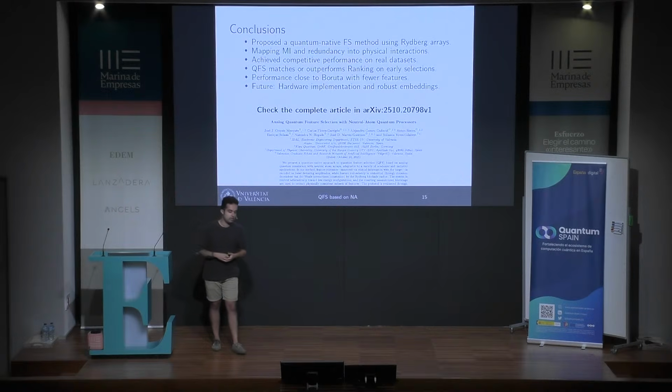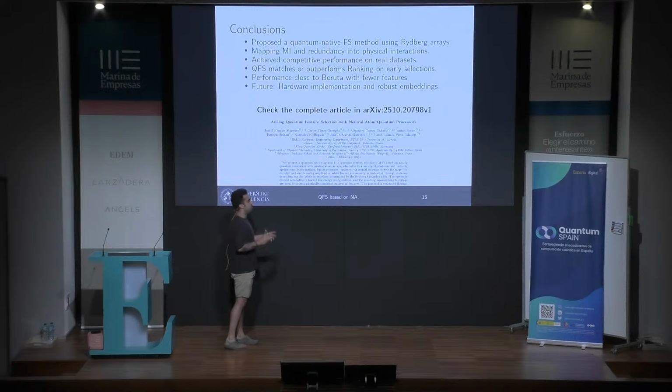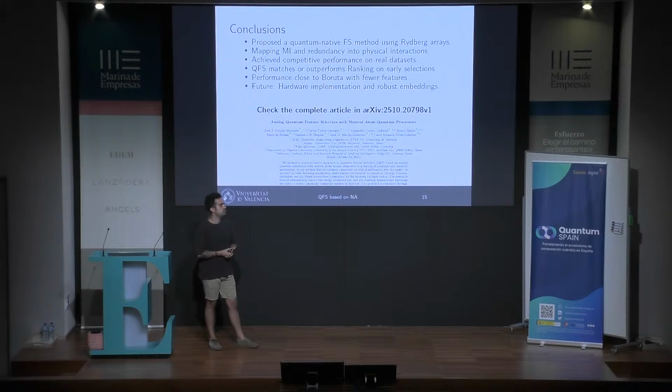And as the conclusion, we observed that we were working in a very natural way of solving these kinds of problems. We are taking advantage of the quantum behavior of this kind of system to solve a very complicated, combinatorial problem.